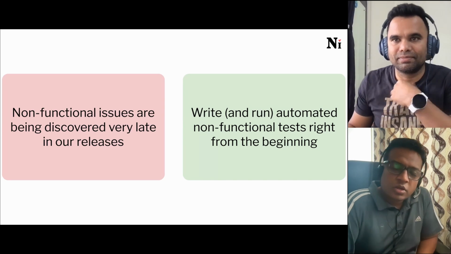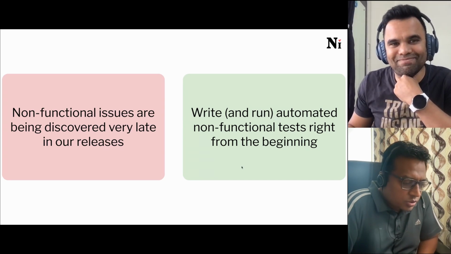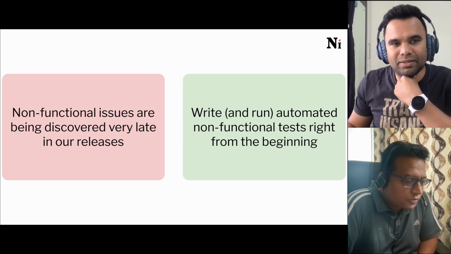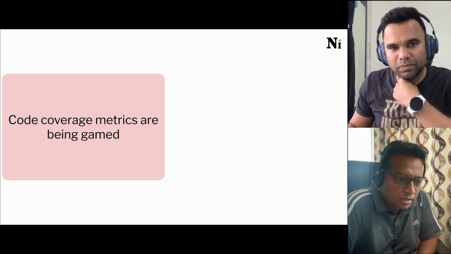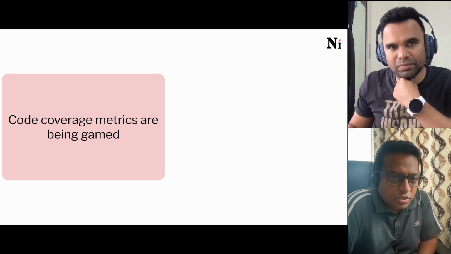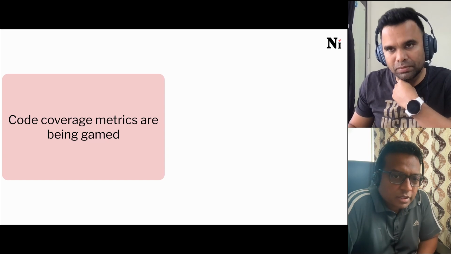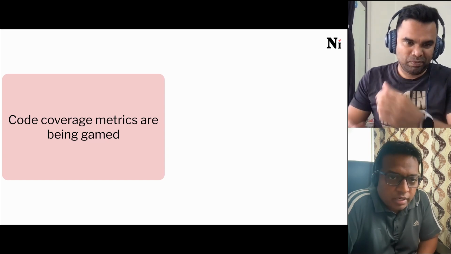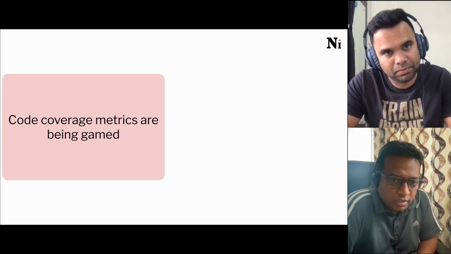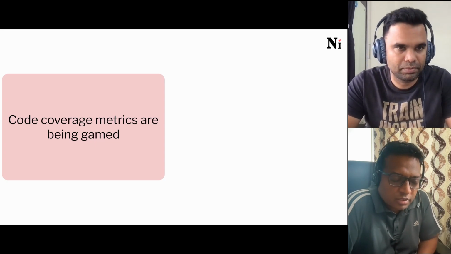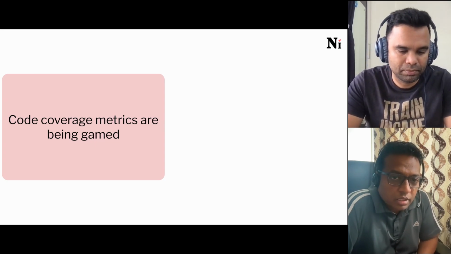Cool. All right. So another issue I see far too often in teams is that somebody in the team, like the architects, will set a benchmark that if there is less than 80% code coverage, then you can't make a commit.